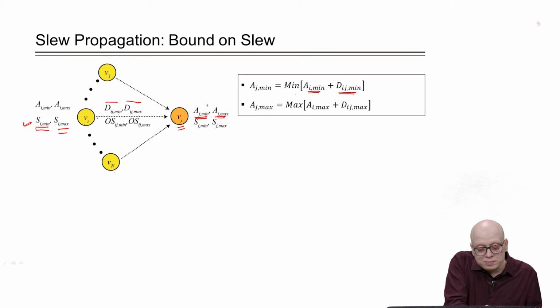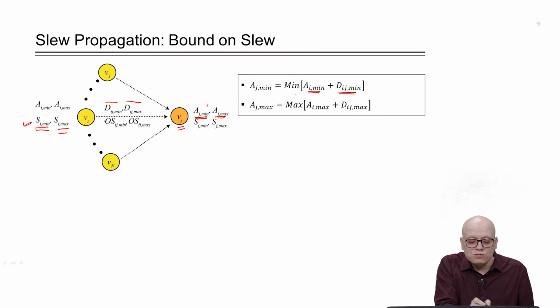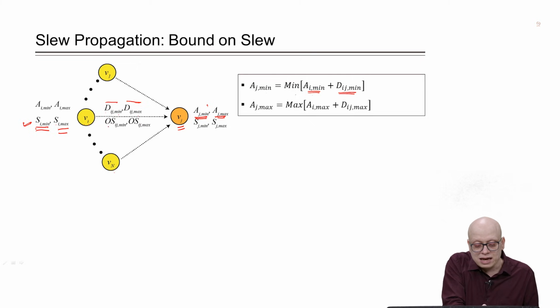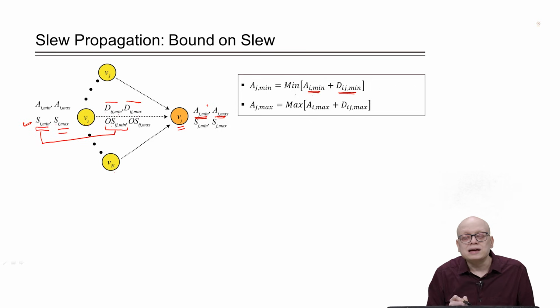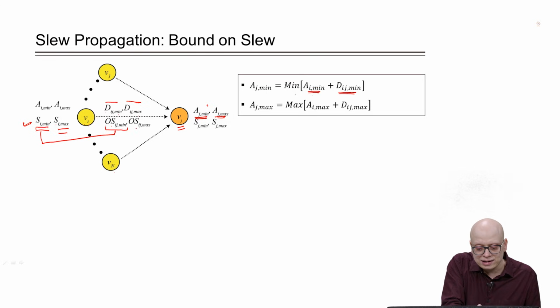Similarly, there will be output slew bounds for each of the timing arcs, right. For the timing arc between Vi and Vj, I am showing the output slew as OSij min. So, this OSij min corresponds to Si min, right, that is the output slew obtained when the input slew was Si min, right, and OSij max corresponds to the output slew when the incoming vertex Vi was having a slew of Si max, right.